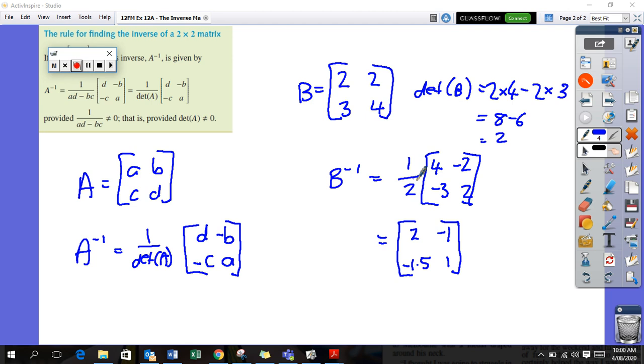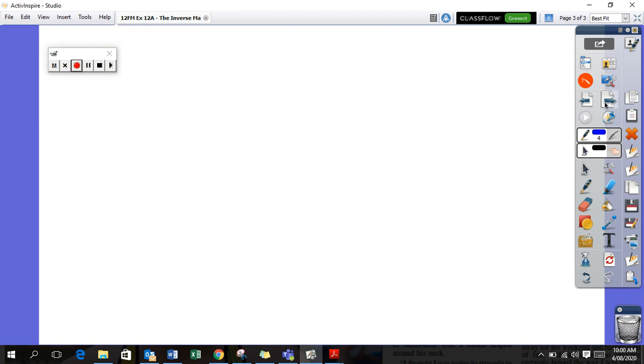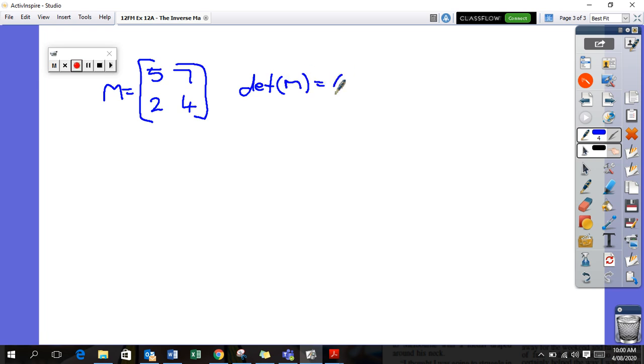Okay, now let's have a look at our made up matrix. We'll do one more example. Our made up matrix was the matrix 5, 7, 2, 4. I'm going to call that matrix M, and if you can remember, the determinant of M was 6.